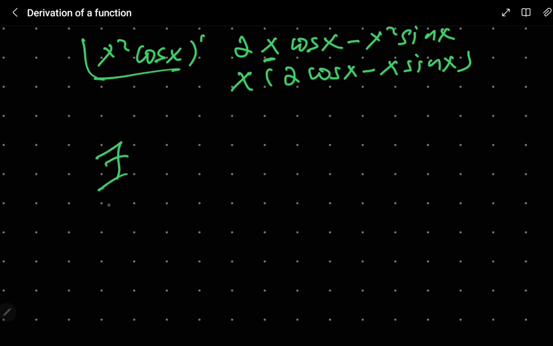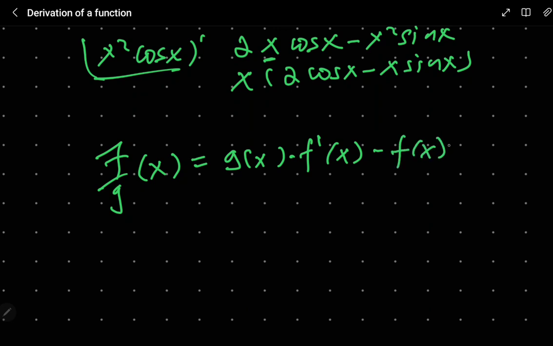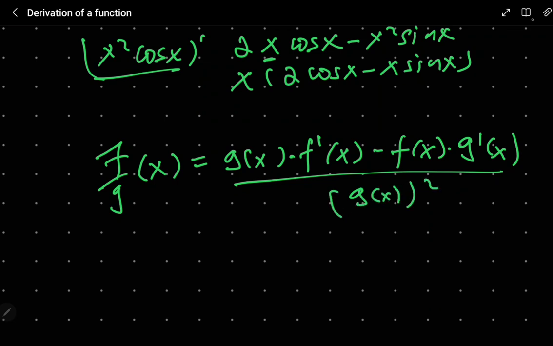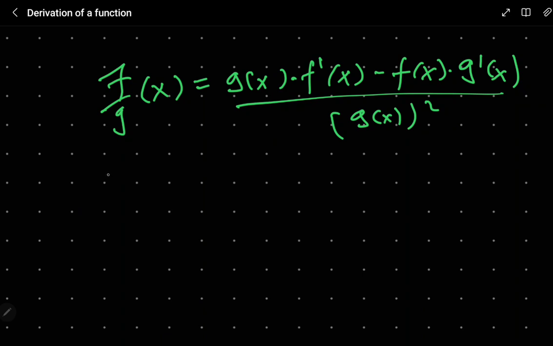If you have f of x over g of x, the derivative of f over g of x is equal to the denominator function g of x times the derivative of the numerator function, minus the numerator function f of x times the derivative of the denominator function g of x, over the denominator function squared, g of x squared. That's the formula.